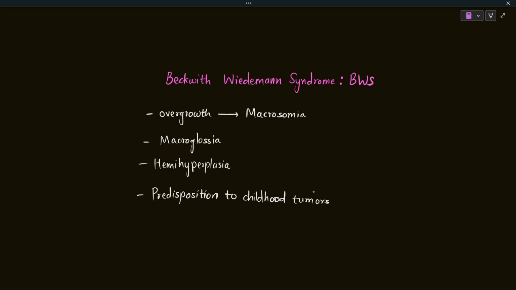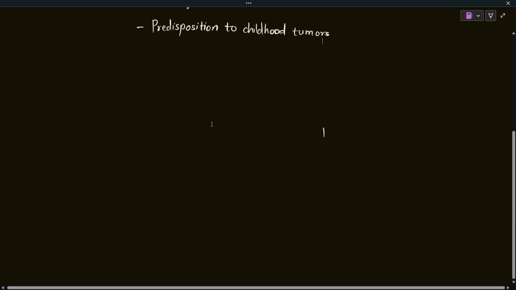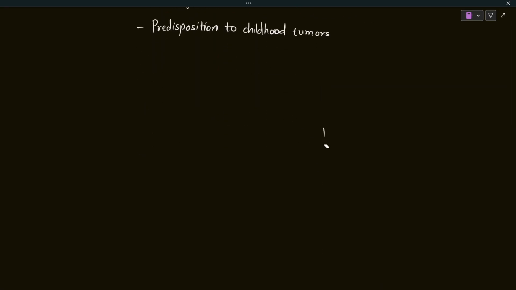So this Beckwith-Wiedemann syndrome happens when the imprinted regions such as the KCNQ1 locus and the H19 IGF2, either one of them is abnormal or both of them are abnormal. If something goes wrong in those, then they result in this syndrome.